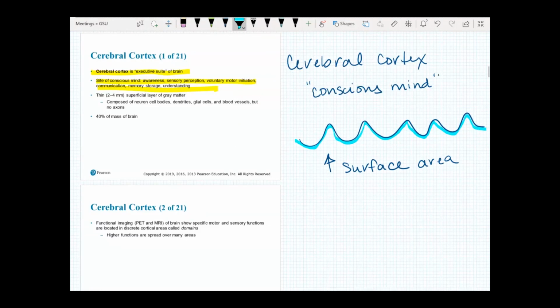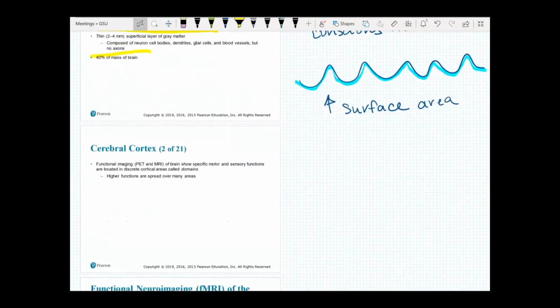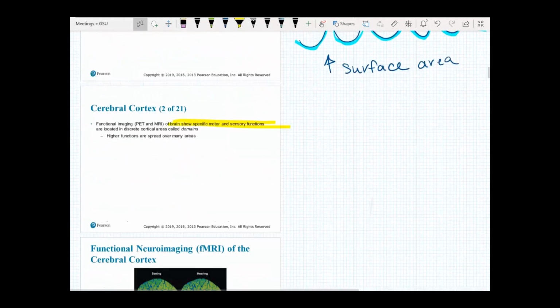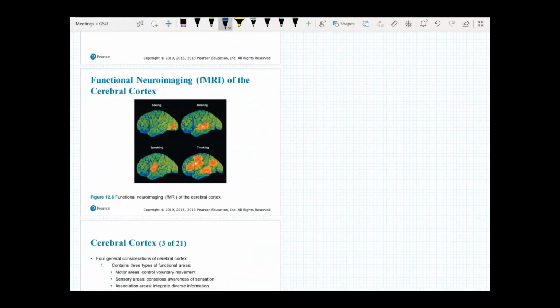But overall, the cerebral cortex takes up 40% of your overall brain. And what's really cool is that your brain has specific motor and sensory areas that will show up during a PET scan or fMRI. Here's an example of a brain during an MRI.